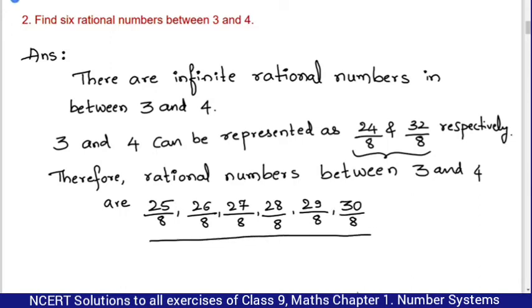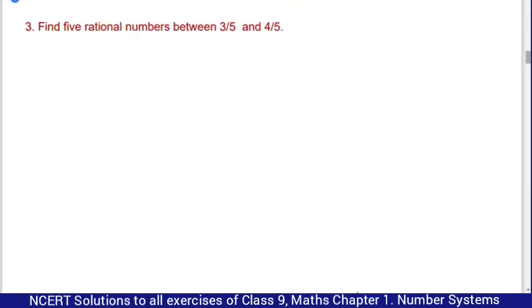So these are the rational numbers between 3 and 4. Now third question. Find 5 rational numbers between 3 by 5 and 4 by 5.